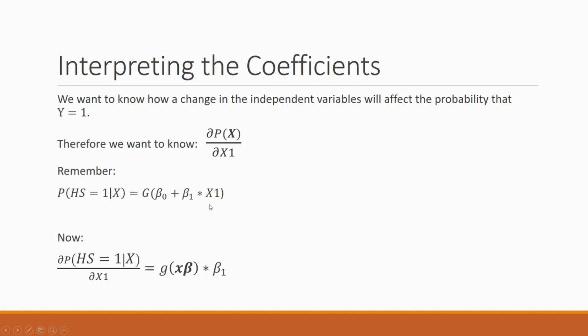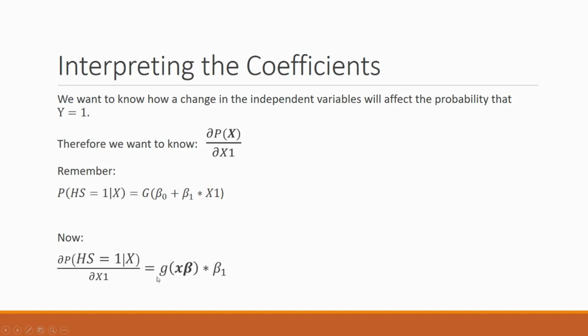We take the derivative of this with respect to x1, and we use the chain rule. We get the derivative of g, lowercase g, which is the derivative of capital G, with this inside. The lowercase g is a function of x beta, times beta 1.